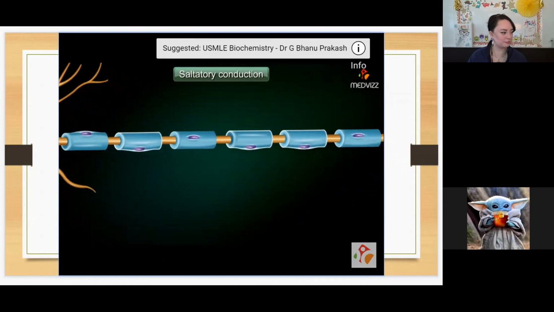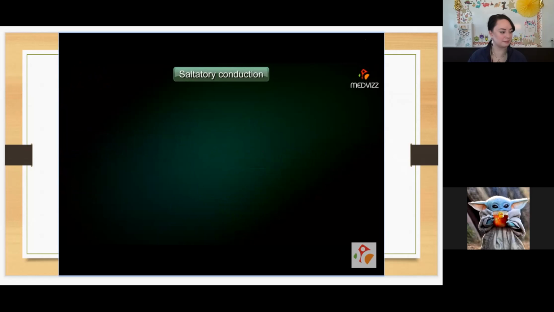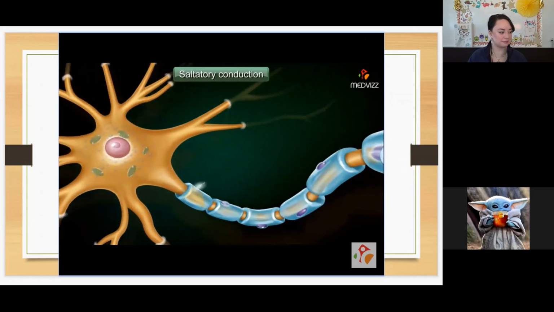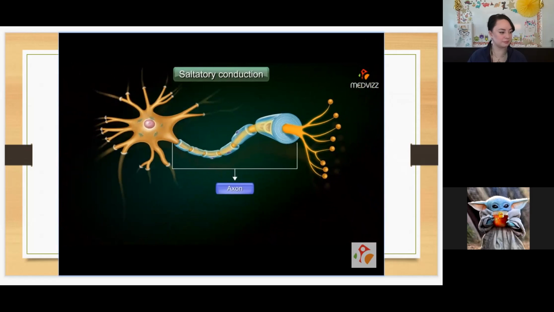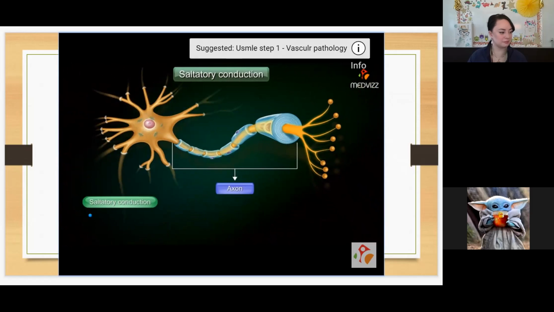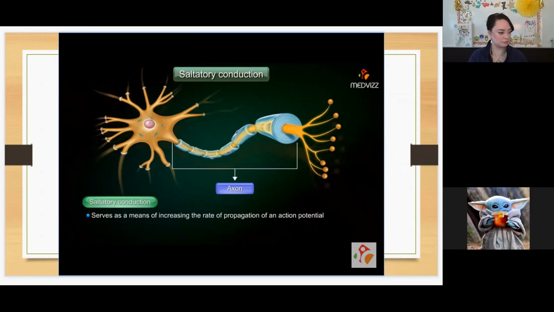As depolarization cannot occur at the cells making up the myelin sheath, the wave of depolarization can only occur at the nodes of Ranvier. Thus, action potentials appear to jump from node to node when traveling down an axon, and this phenomenon is known as saltatory conduction. It serves as a means of increasing the rate of propagation of an action potential.